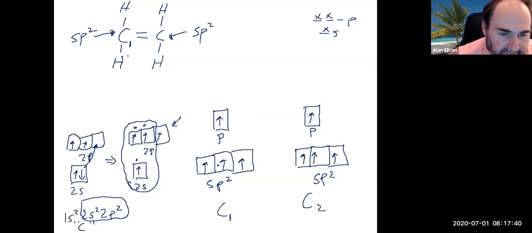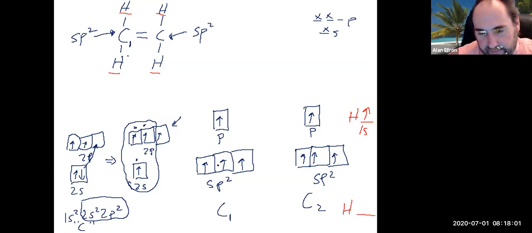Now, we also have, if we look, 1, 2, 3, and 4 just hydrogens, right? Just regular hydrogens. So I'm just going to draw them almost like the picture is. We have a hydrogen over here. It has 1 electron in its 1s. We have a hydrogen over here, also has 1 electron in its 1s.